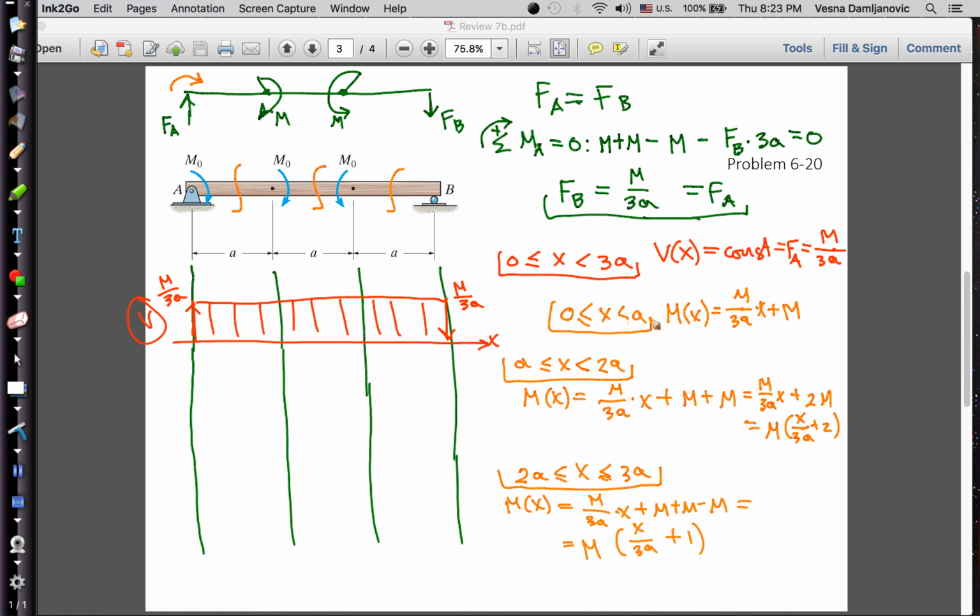What do we see from the first span? That the moment at x equal to 0, when you substitute 0 here, is just m, okay? And it's logical because that's the real moment that we have in that support. So it is plus m. So I'm going to draw something that looks like this, and it will be plus m.